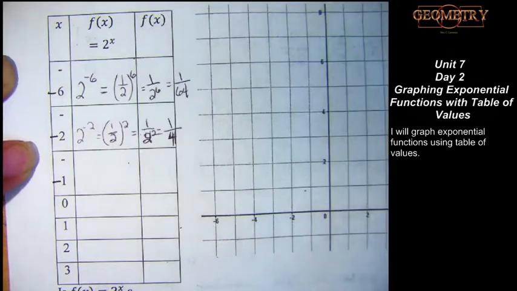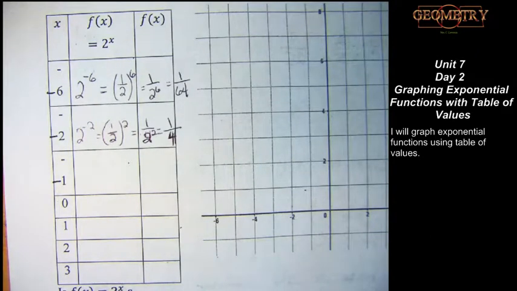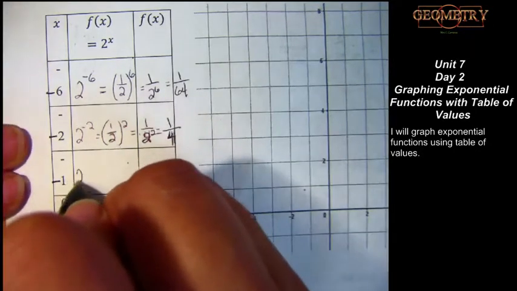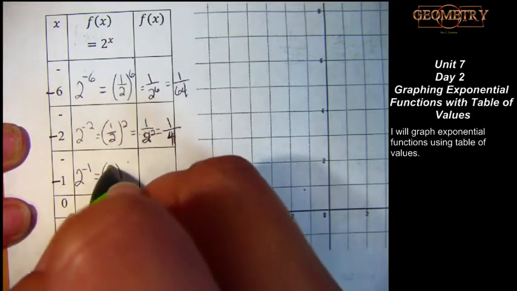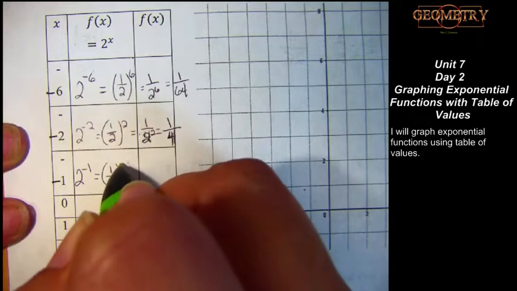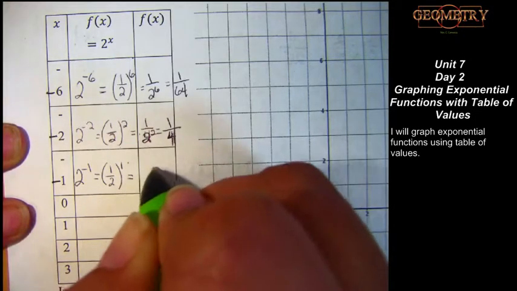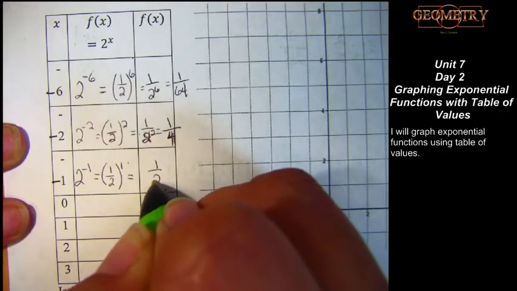I'm not writing very neatly today, am I? Wait, is that a 4? Yeah, it's a 4. Oh, snap. It's not a 41. It's a 4. Okay, this one is 2 to the negative 1. Take the reciprocal of the base, apply the power as a positive. Anything to the first power is itself.